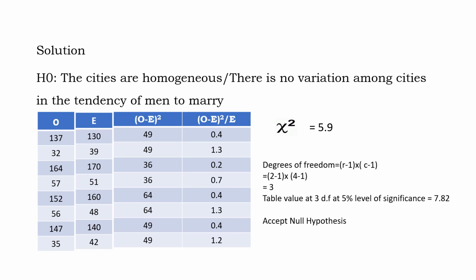And if more than one sample is given and it is classified on the basis of one particular categorical variable, then you can apply the test of homogeneity. So the only thing in chi-square is that you should be able to identify whether it belongs to chi-square or not. No other problems. There are not many formulas, so it will be easy for you. So if you have any doubts, please clarify.